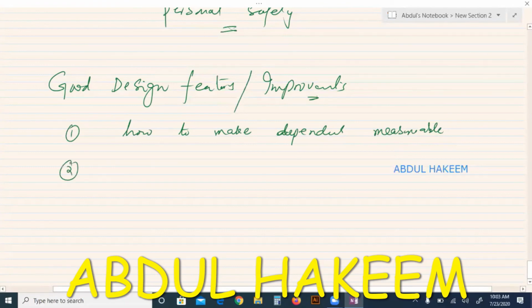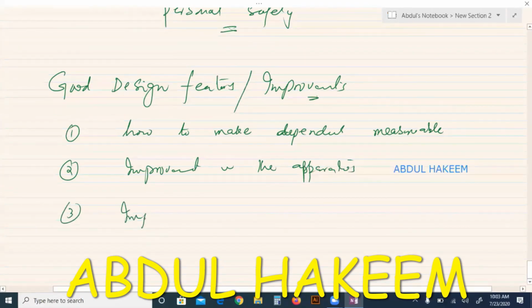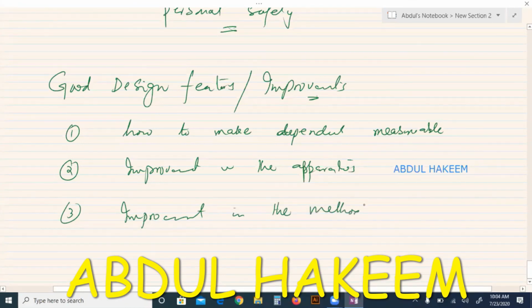And number 2, improvement in the operators. And number 3, improvement in the method of data collection.